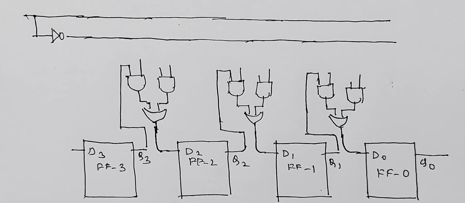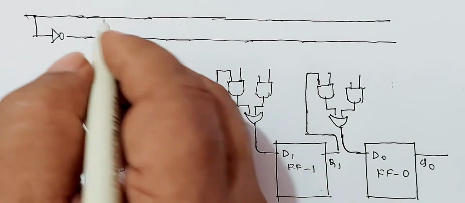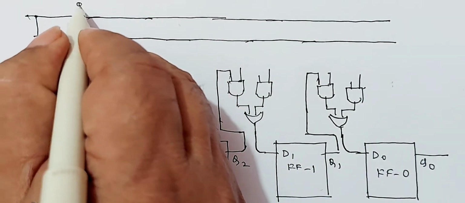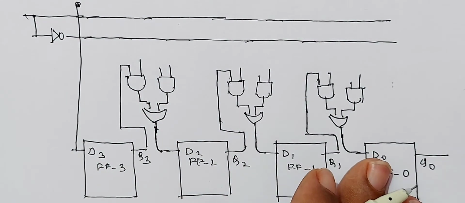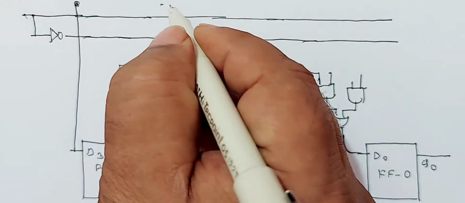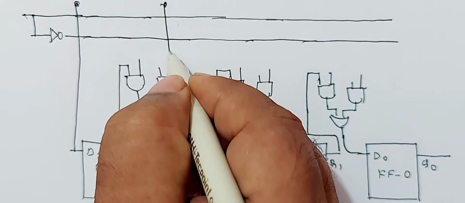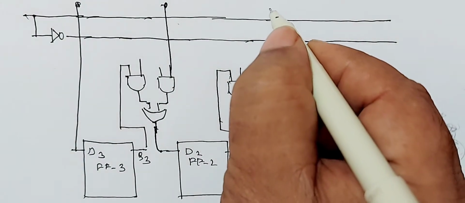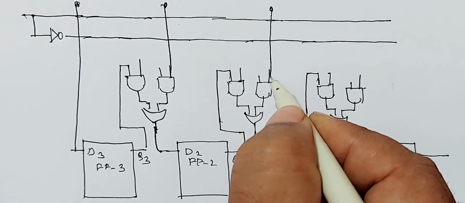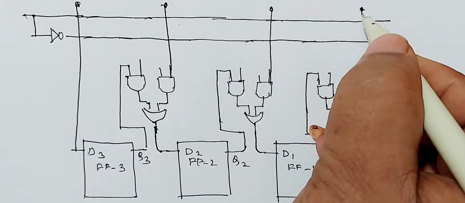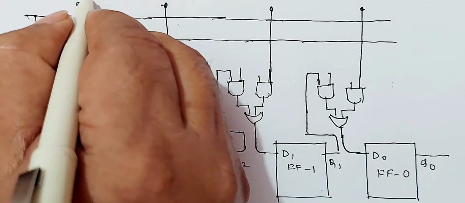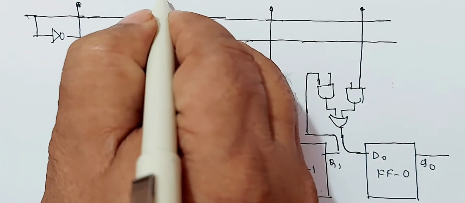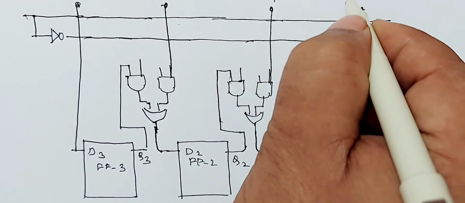Now apply the input to all the flip-flops. I will apply the input to D3, and I will apply another input in this manner. I will apply another input to this AND gate and the last input to this one, and call these input B3, input B2, input B1, input B0.